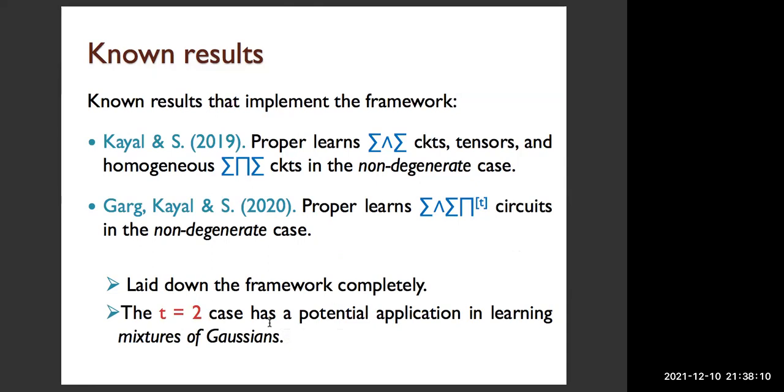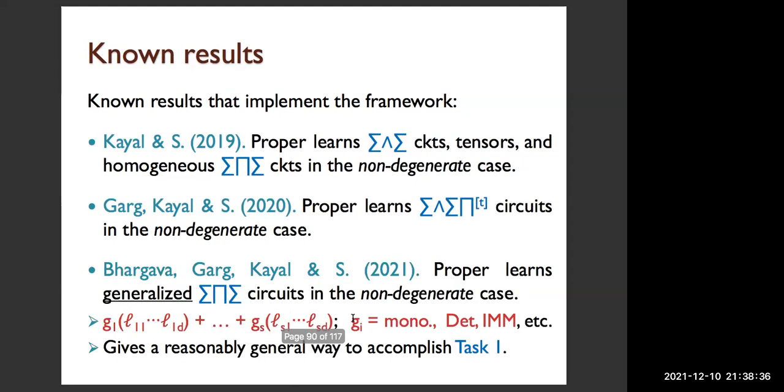It turns out, to our pleasant surprise, that the t equal to 2 case has some potential nice applications in learning. This is another problem, mixtures of Gaussians, which is quite popular in machine learning. Let me not go into that, but I'm saying potential applications because there are some hiccups on the way.